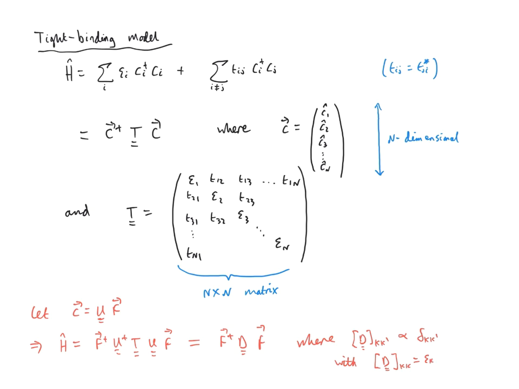So we can write our Hamiltonian operator in the form of the free electron gas with single particle energies epsilon k and operators f_k. And we can write it in this fashion because our matrix D is diagonal. And to arrive at this form, what we need to find is the unitary matrix U such that U dagger T U is diagonal.